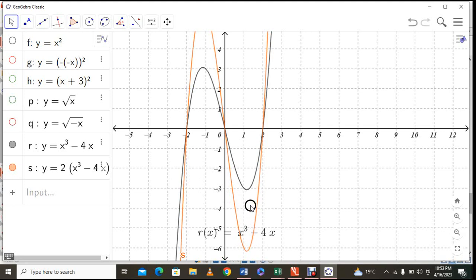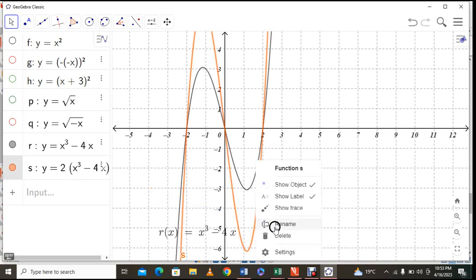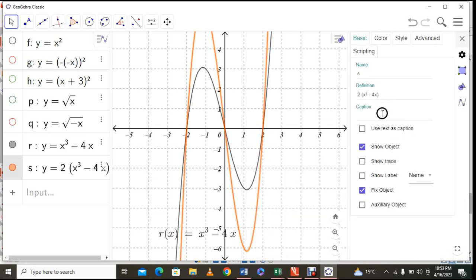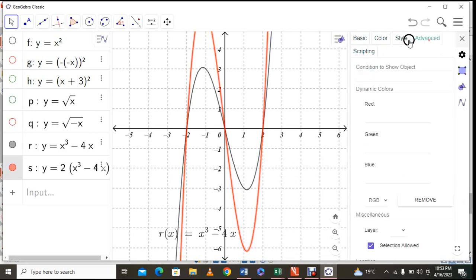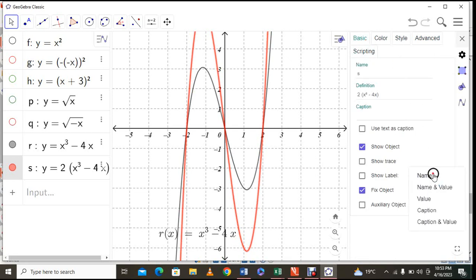Well, in any case, can you see the vertical stretch about the y axis? Okay. So that's the one in black. Let's label this one properly so that it makes perfect sense for you. I'm going to choose red for the color first of all, and then go to name and value.